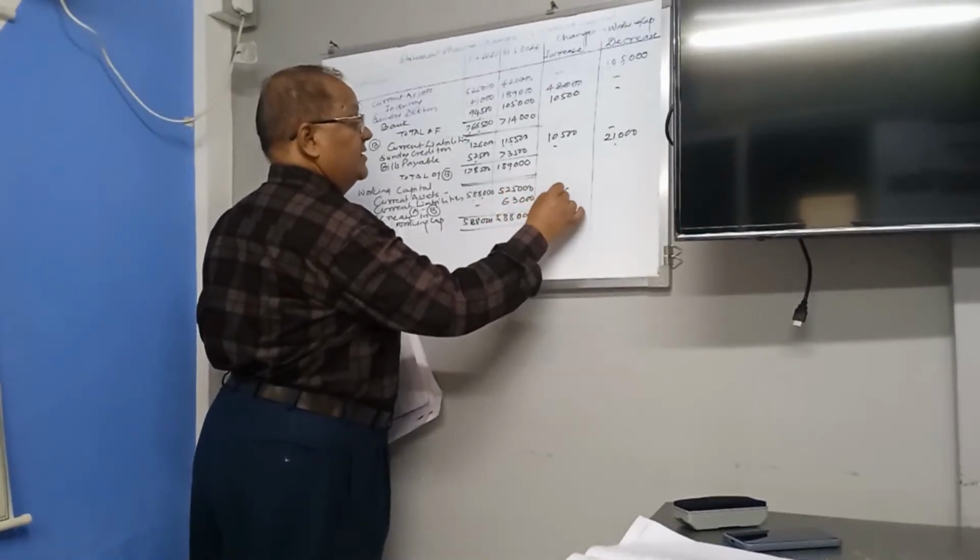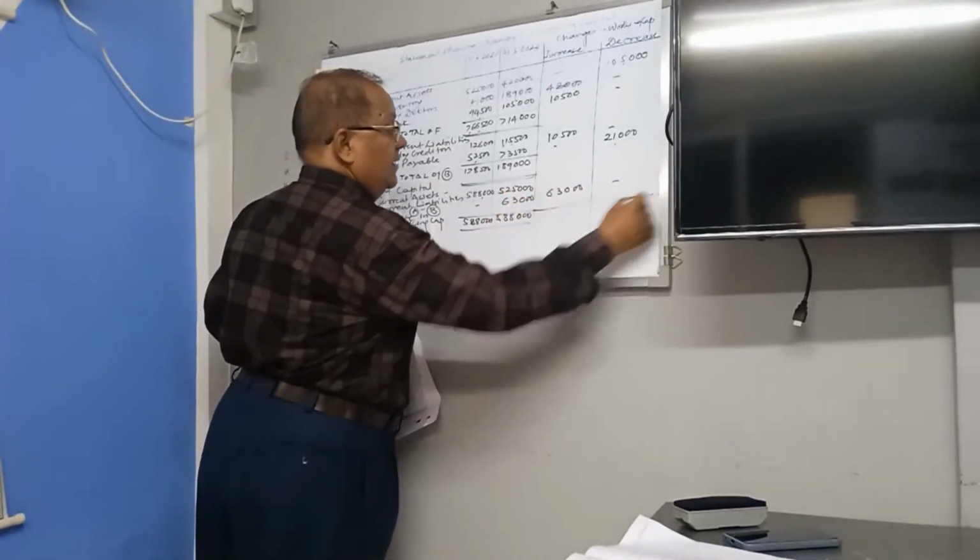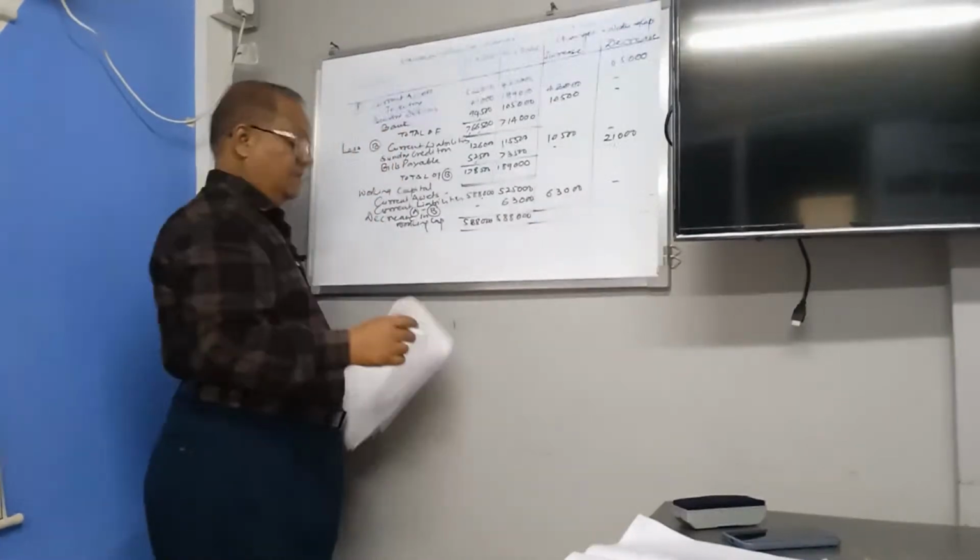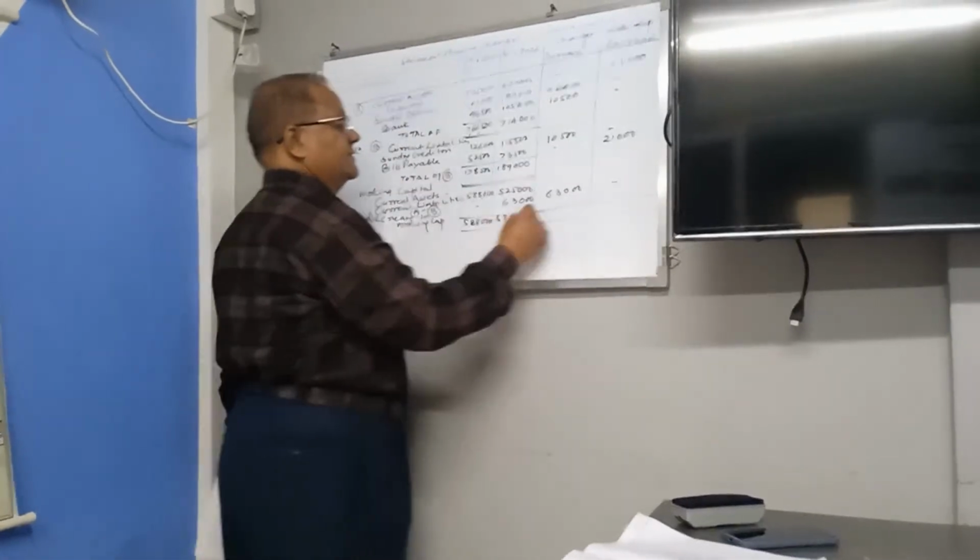Put 63,000 here and take the total; it must tally. So it comes to 1,26,000.